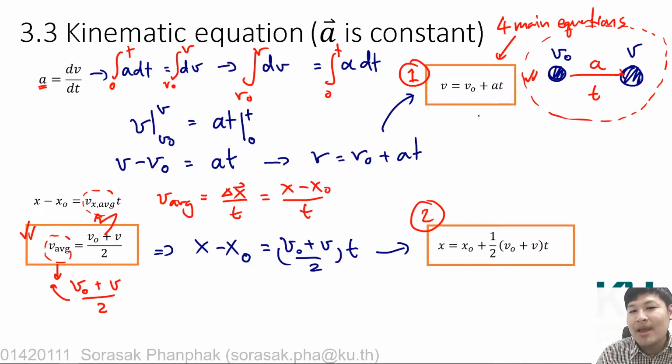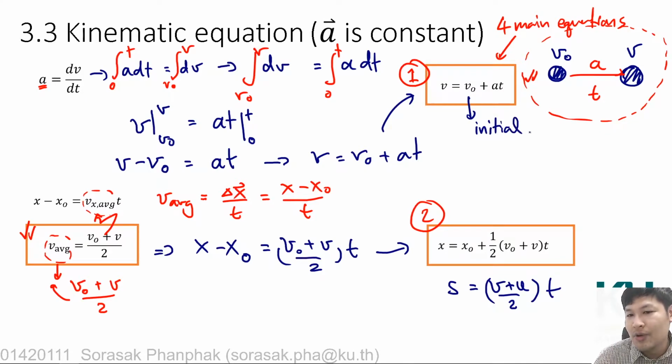This term you may also know as s equals v plus u over 2 times t. The way you select the familiar form of the equation is your choice. You can use v0 to represent the initial velocity, or use u instead.